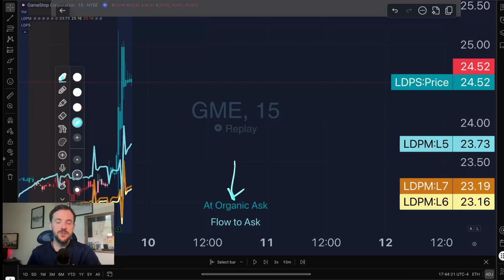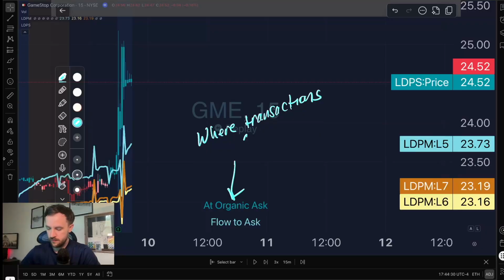It tells us where transactions are occurring. I'm going to try to spell correctly, but no promises.